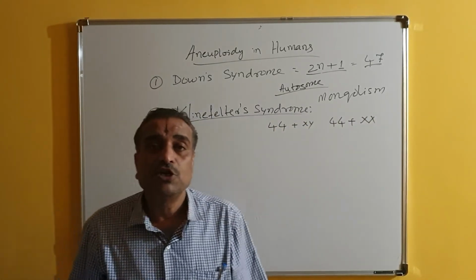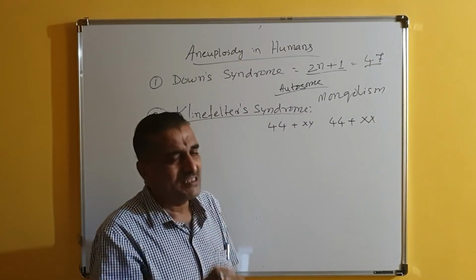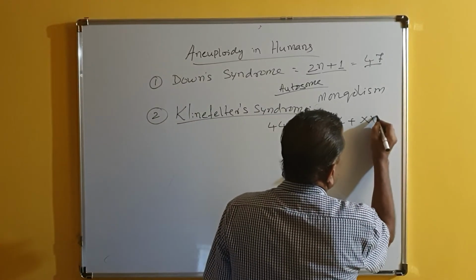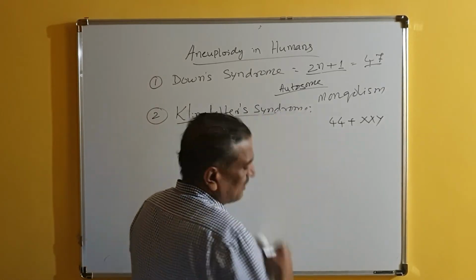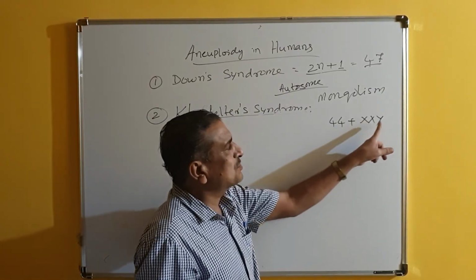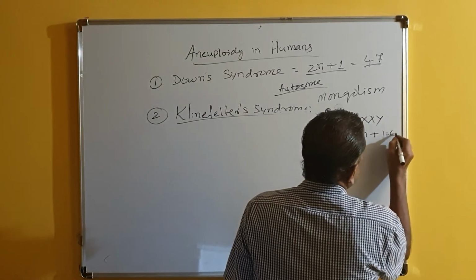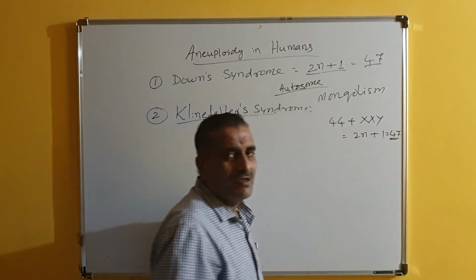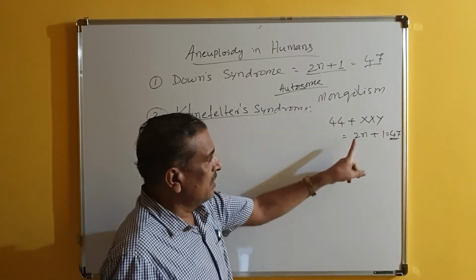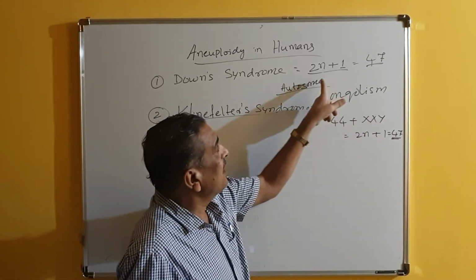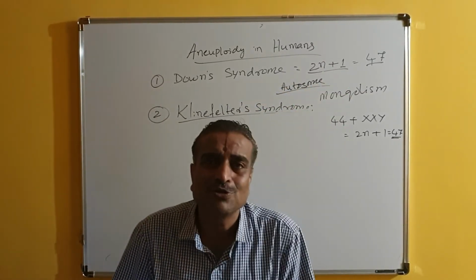But sometimes, due to some abnormality, the person has one chromosome extra, XXY. So 2n plus 1, totally 47 chromosomes. Now you can ask, sir, in Down syndrome also there are 47, both are the same. No. Here the allosome is extra, there the autosome is extra. That is the major difference.